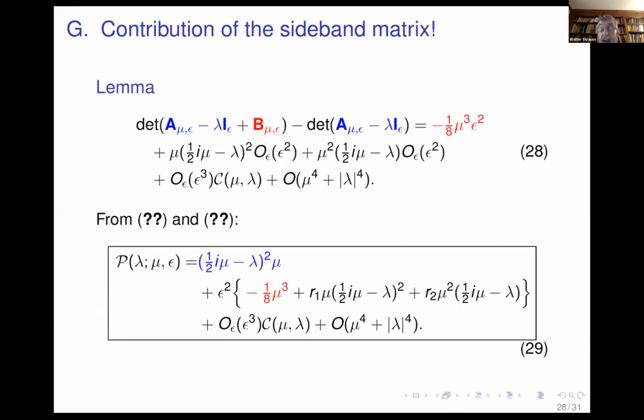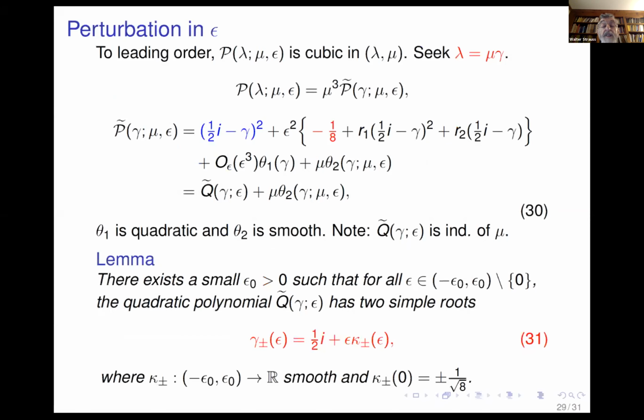So we rescale. A little rescaling, we write lambda at the top of this in red. Lambda equals mu times another variable we call gamma. And then we can take the mu cubed as a common factor of all but the last terms.